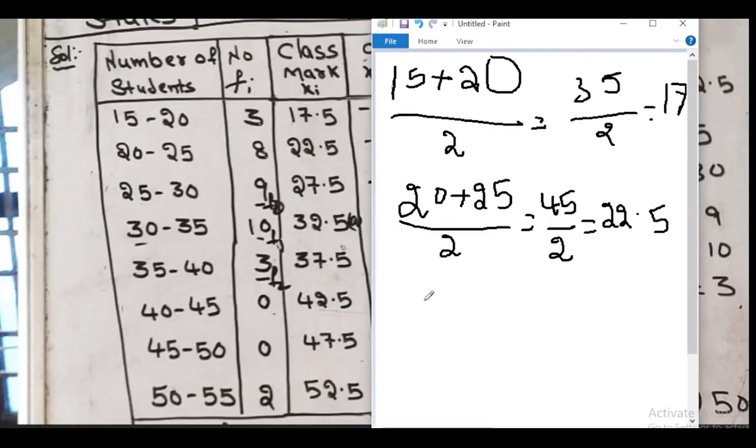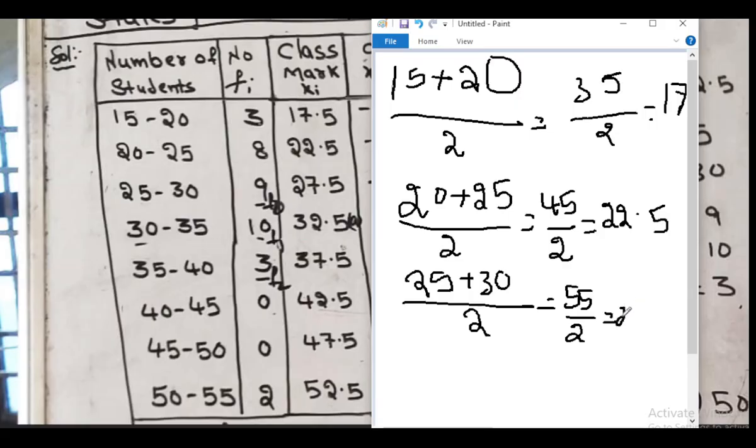The next one, third class midpoint, 25 plus 30 by 2, 55 by 2, which is equal to 27.5.